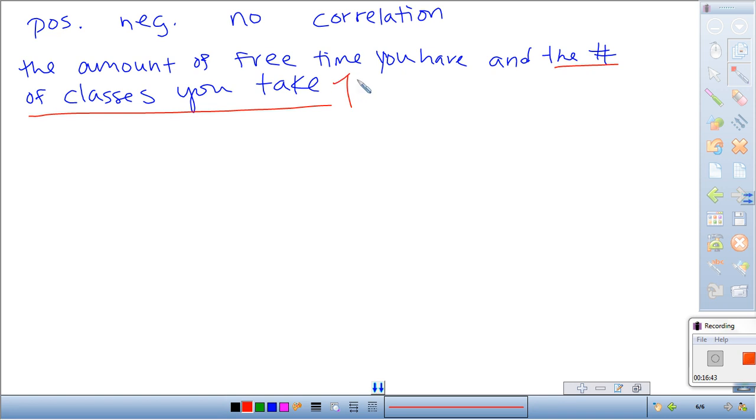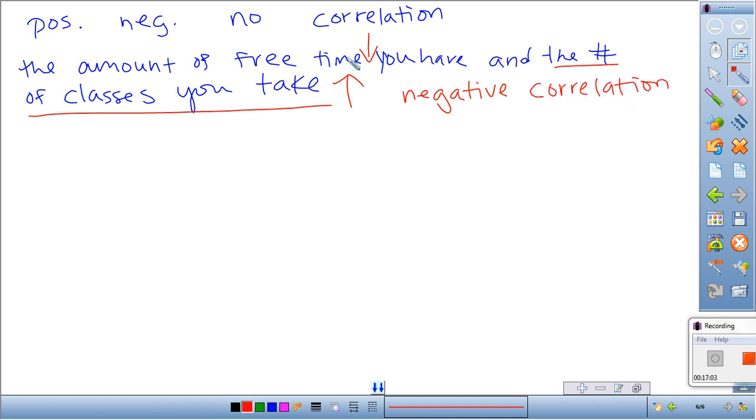So the more classes I take, what happens to your free time? Your free time definitely decreases. So since they're going in opposite directions, that would be a no correlation. Oh, sorry, not no, but a negative correlation. They definitely correlate. One affects the other, but they affect each other in a negative way. One goes up, one goes down, so it's a negative correlation.